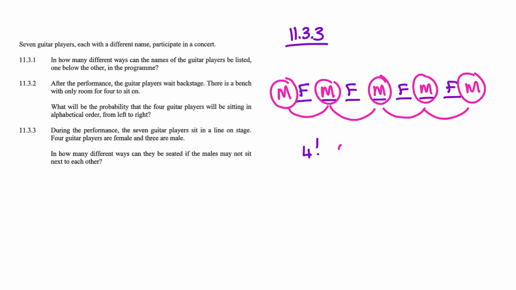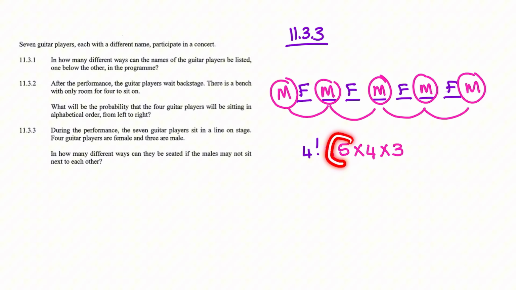So we have 5 groups, but if one male is seated, so let's say he takes that first position, then there are only 4 groups left for the second male. So that is times 4. And then for the last male, there is 1 grouping left. Notice I'm speaking about groupings. So if we start, for example, with male 1, he has 5 options in which he can be arranged.